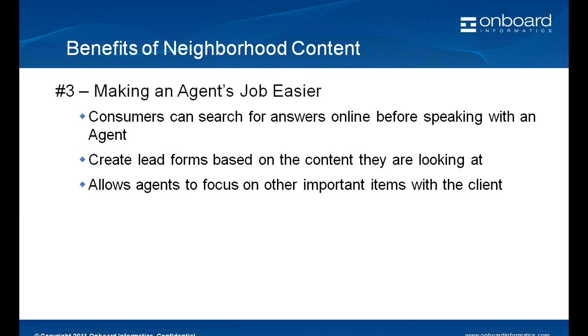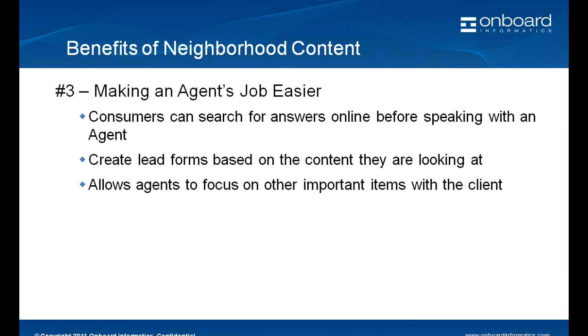And it actually makes the conversation easier. Agents can create lead forms based on content that people are looking at. It allows agents to focus on other important items with the client because, as a consumer, I'm finding this neighborhood information. I can learn about it. But also, a home buyer can come and say, okay, I know these 5 areas or these 5 neighborhoods that I want to look at.